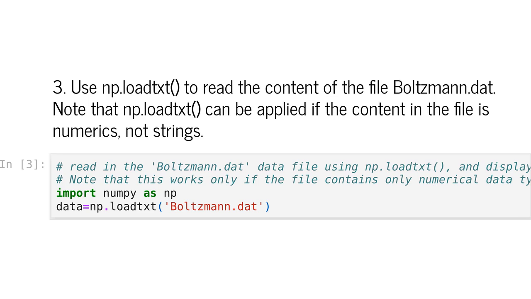This command reads the entire file, assumes the data is organized in rows and columns of numbers, and stores it into a NumPy array named data. It is important to remember that numpy.loadtxt works best when the file does not contain non-numeric text or headers, unless specific options are used to handle them.